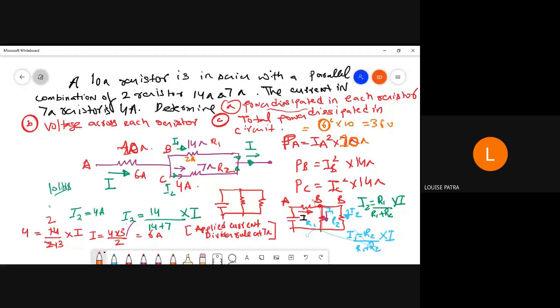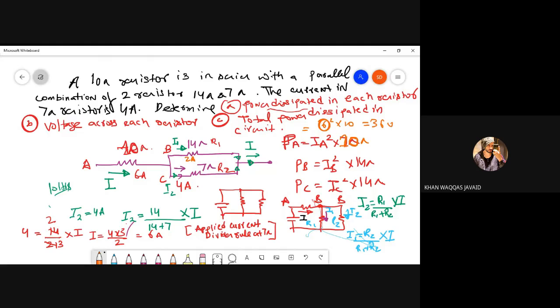Yes, you have to calculate: for the 14 ohm it would be 14 into 4, so that is 56. Okay, correct. For the 7 ohm it would be 16 into 7, so 112 watts. Yes, sir.